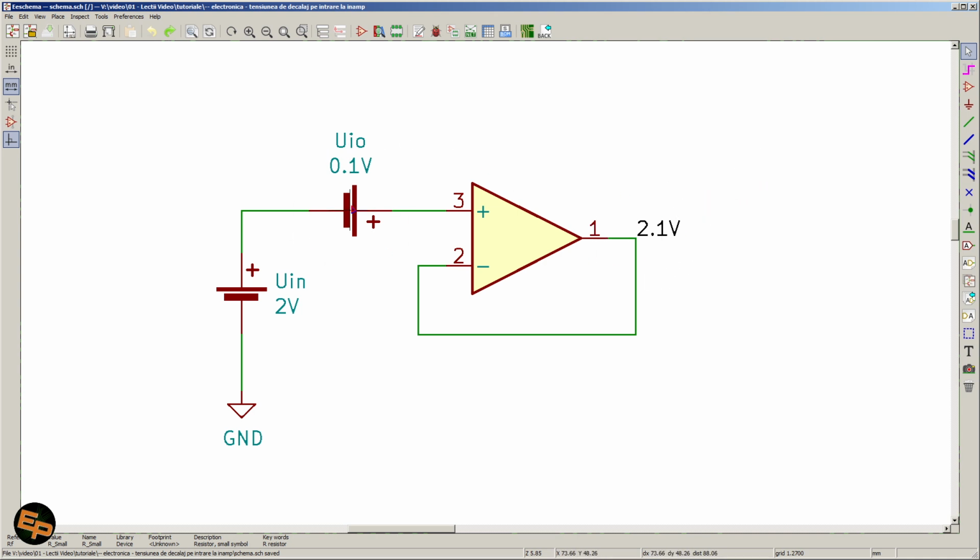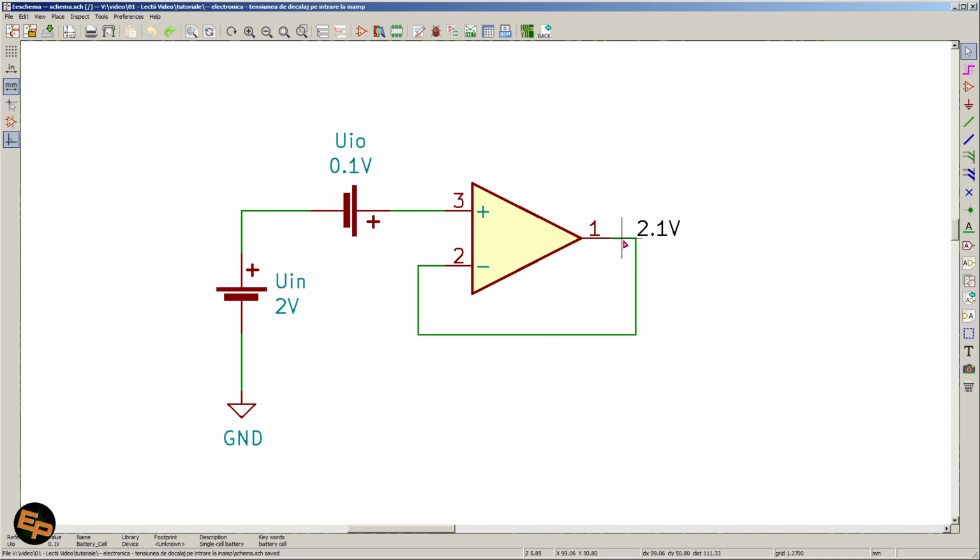If this voltage were to be negative, like this, then we would have 1.9 volts, because 2 volts would subtract 0.1 volts, so the result would be 1.9 volts. Anyway, in both cases we would not have what we would want on the output, and so this is basically an undesired effect.